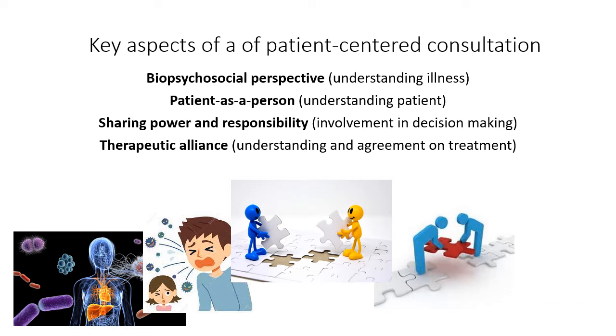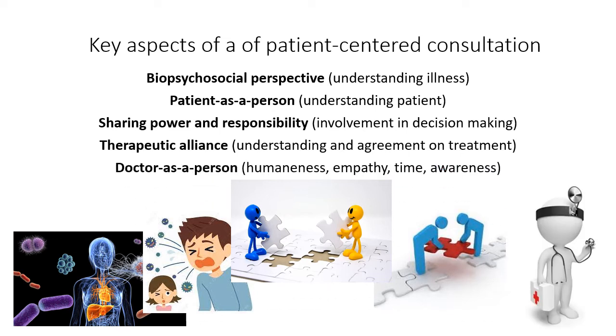That means once the patient understands his illness and the available treatment options, and the doctor understands the biopsychosocial perspective of the illness and the patient as a person, they can form a therapeutic alliance. And this alliance, based on the understanding and agreement of both patient and doctor, can bring out an optimal treatment outcome.